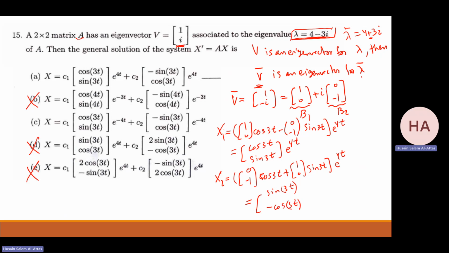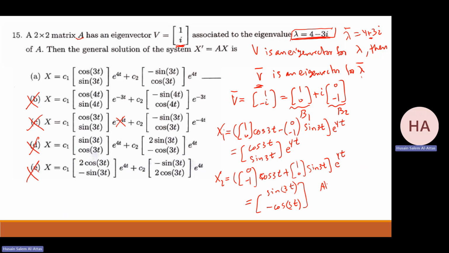Do you have that? I don't have this. But we know any linear combination will also give you the same answer. So minus sine with cosine. This is e to the 4t, so this is for sure the only answer.